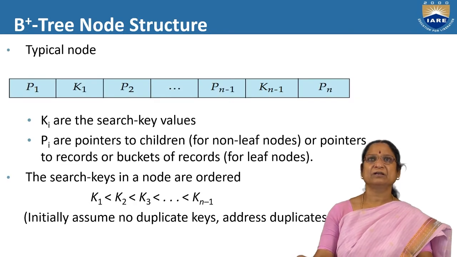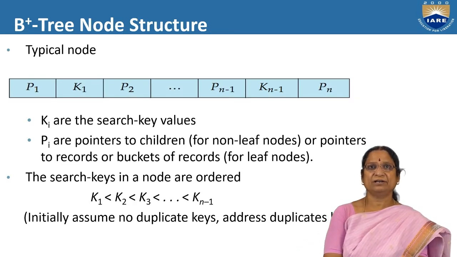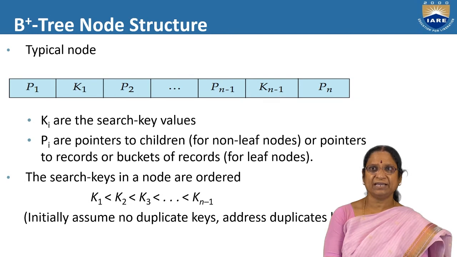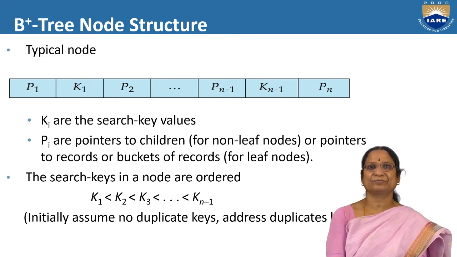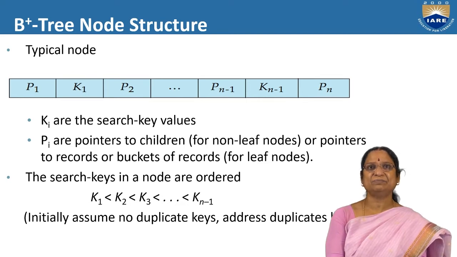So what is the structure of a node in our B plus tree? A node structure consists of P1, K1, P2, K2, P3, K3 and so on, up to Pn minus 1, Kn minus 1, and an additional pointer Pn. Here Ki are the search key values, and Pi are the pointers, that is, the addresses of the children.